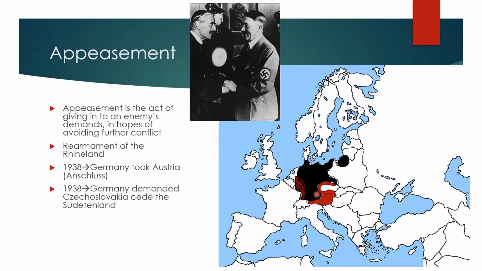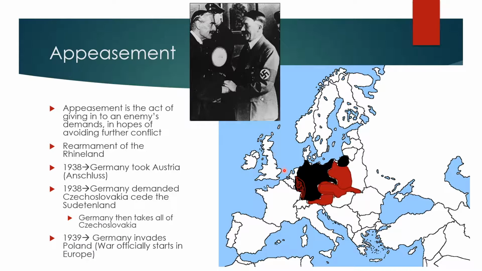Then Germany demanded this area in Czechoslovakia called the Sudetenland, and shortly after they demanded the Sudetenland, they take the rest of Czechoslovakia. So now all of this is Germany by the end of 1938. And in early 1939, Germany agrees to a non-aggression pact with the Soviet Union and invades Poland, which is when World War II officially starts in Europe.